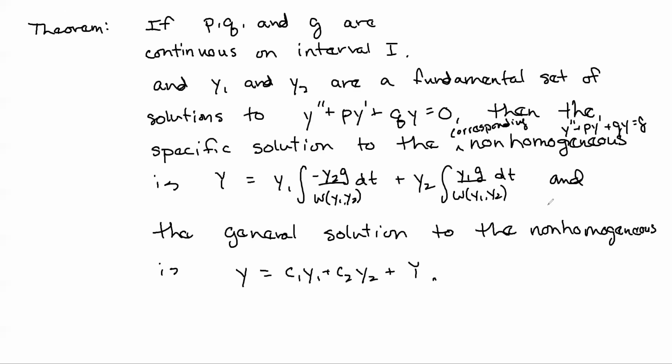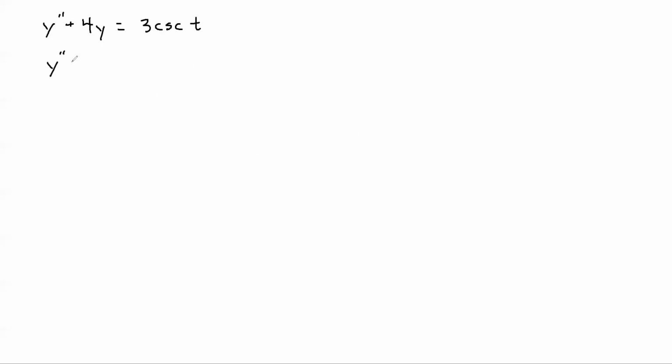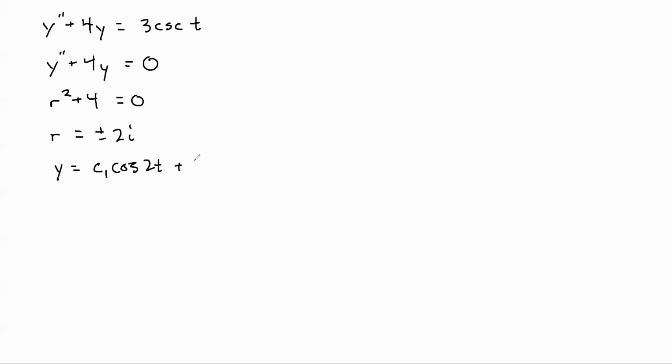Okay. So what does the theorem say? The theorem says that we've got P, Q, and G. They're continuous. We need Y1 and Y2 as a fundamental set of solutions to the homogeneous. So you need to start off by saying y double prime plus 4y equals 0. And then r squared plus 4 equals 0. And then r equals plus or minus 2i. And then we get y equals c1 cosine 2t plus c2 sine 2t.